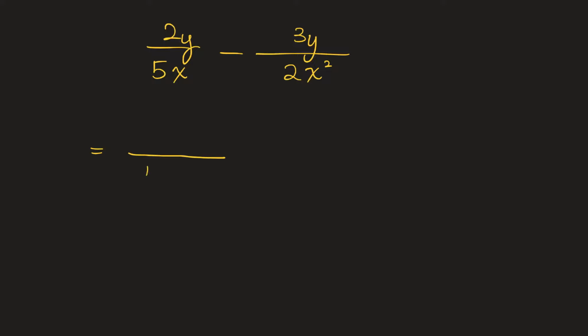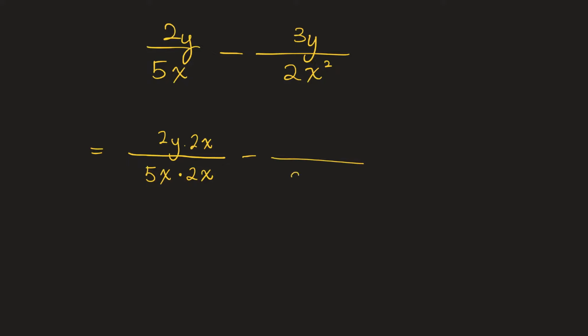Like this one, maybe minus 2x squared 3y like this. So this time for the LCM, basically you can just find out what they share and what they do not share. So this one you times 2x, and then you have 2y times 2x.